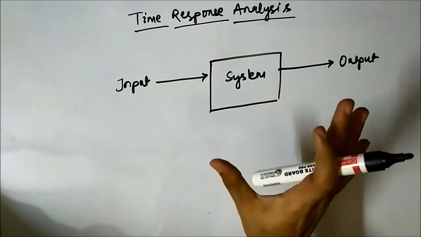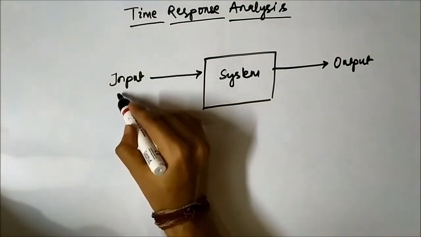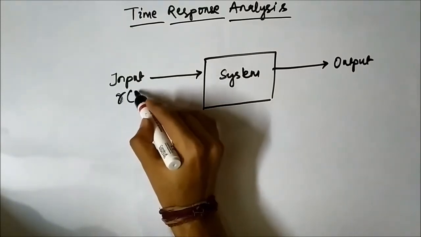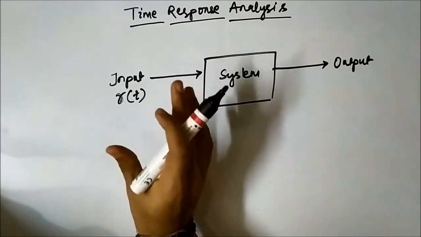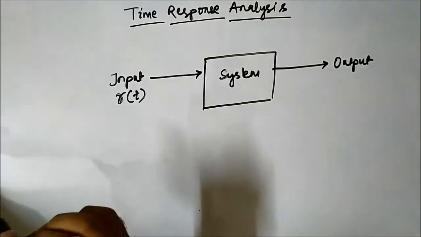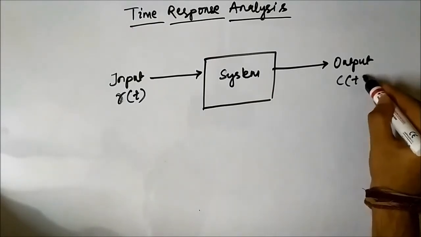Now, in the subject of control systems, the input is generally taken in the time domain, a time varying input, and the output also is time varying.